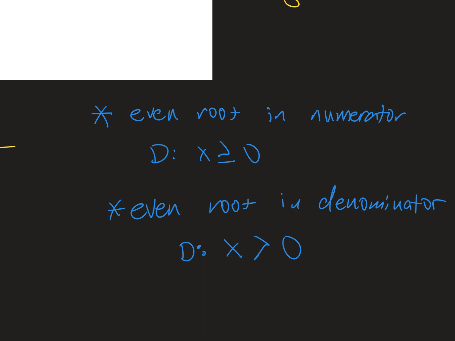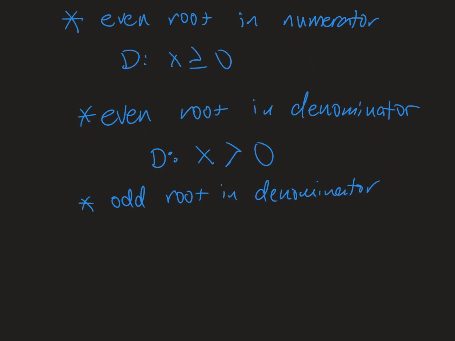Why does it have to be greater than, not greater than or equal to? Because the denominator can't be 0. If you have an odd root in the numerator, you can do whatever. But with an odd root in the denominator, x cannot be 0, because then your denominator is 0. So as soon as you see an even root, think: is it in the numerator? Greater than or equal to 0. If it's in the denominator, it's got to be greater than 0.